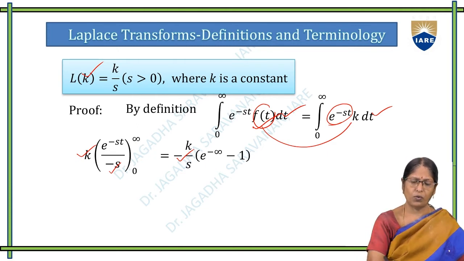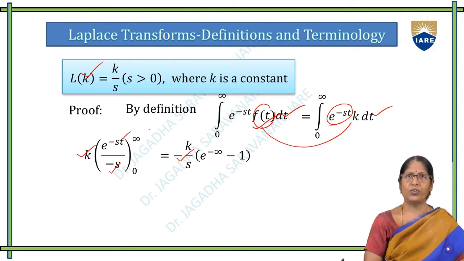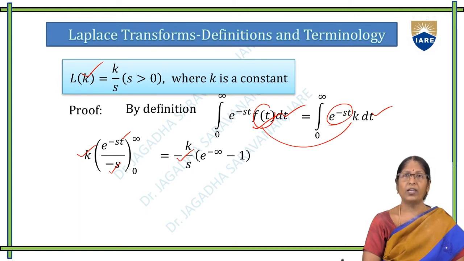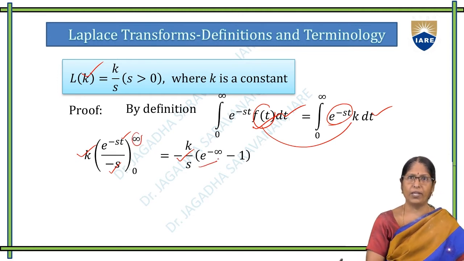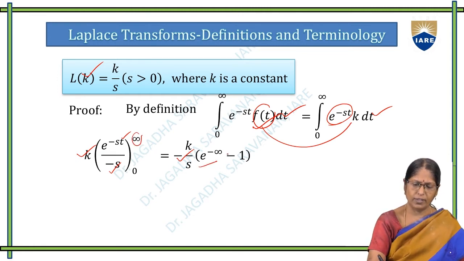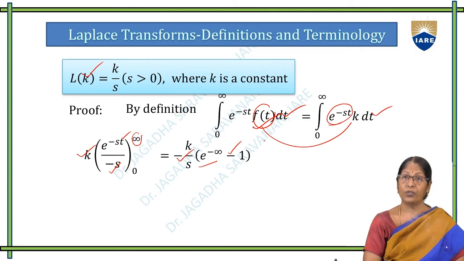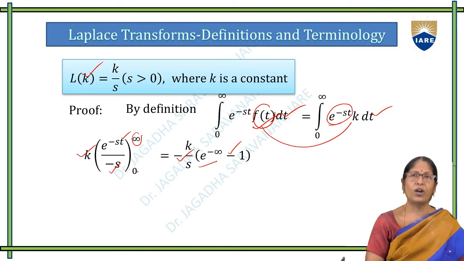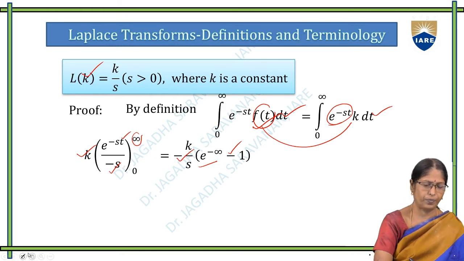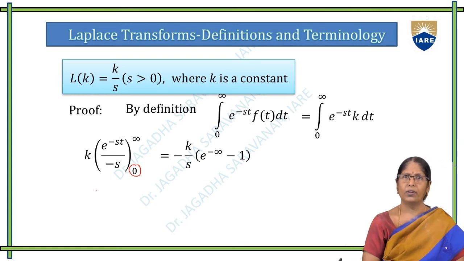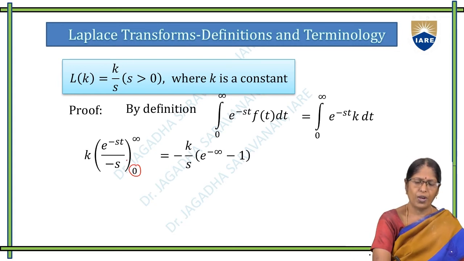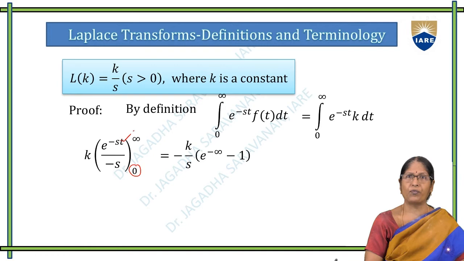In the place of t, we are substituting infinity, we obtained e power minus infinity. So the upper limit, the work is completed. This is the limit formula for the limits, and the lower one is 0. That 0, we are going to substitute in the place of t.